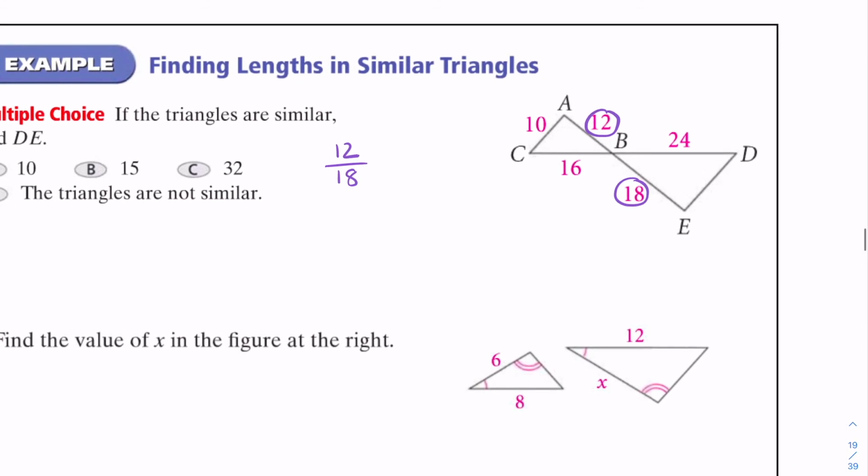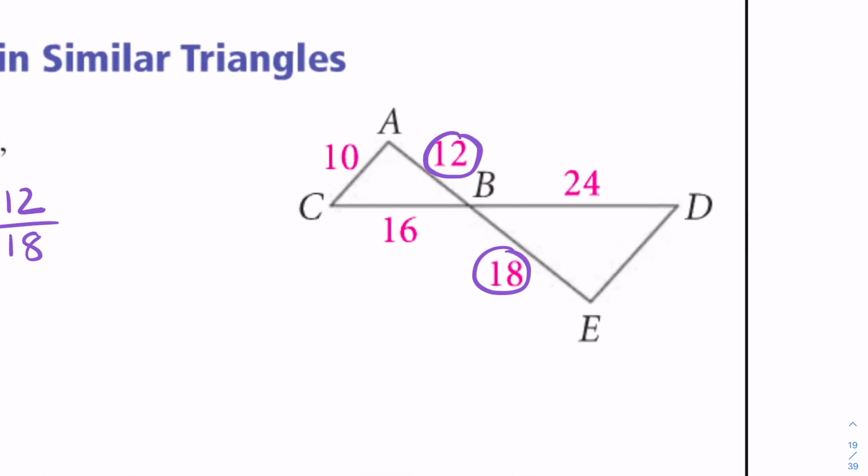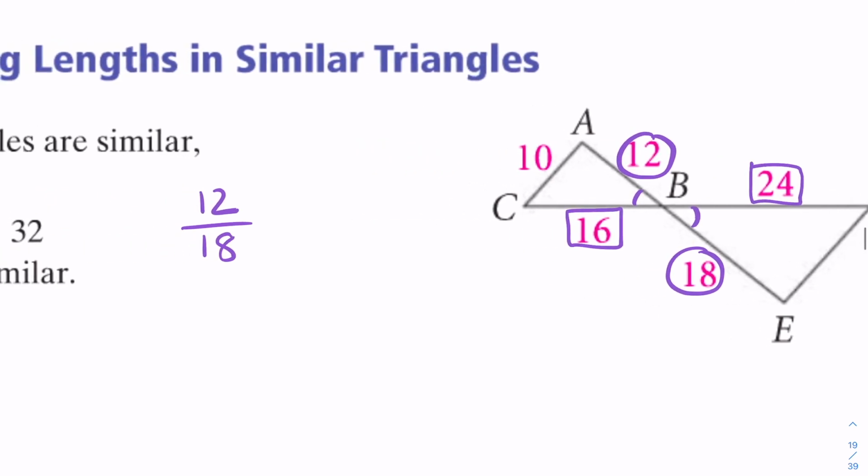All right, how do I know this? Because this angle that exists right here, because I know that the angles are congruent by the vertical angle theorem, would force me to use the sides that include those angles, which is why I'm doing this.